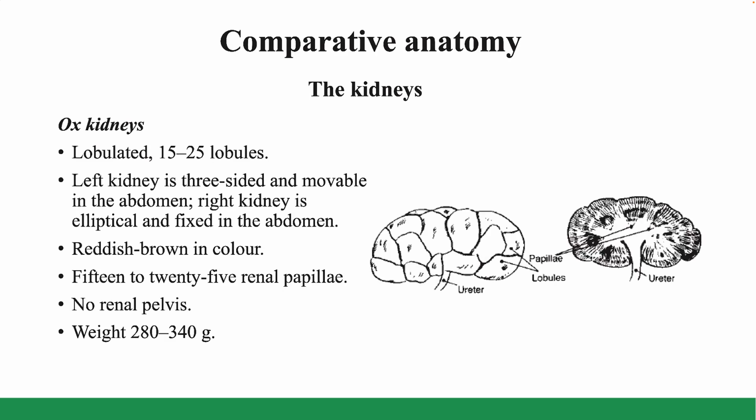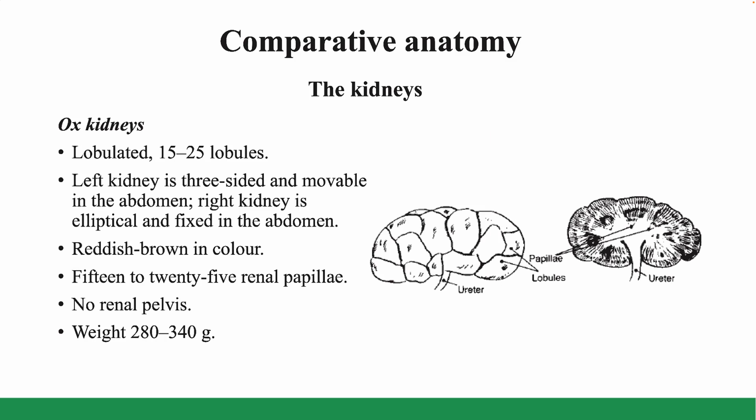For the ox's kidney, the biggest feature that distinguishes it from other ruminant or non-ruminant animals is the number of lobes. It is very lobulated, and each lobe has its own renal papillae. So there are 15 to 25 lobes and 15 to 25 renal papillae.